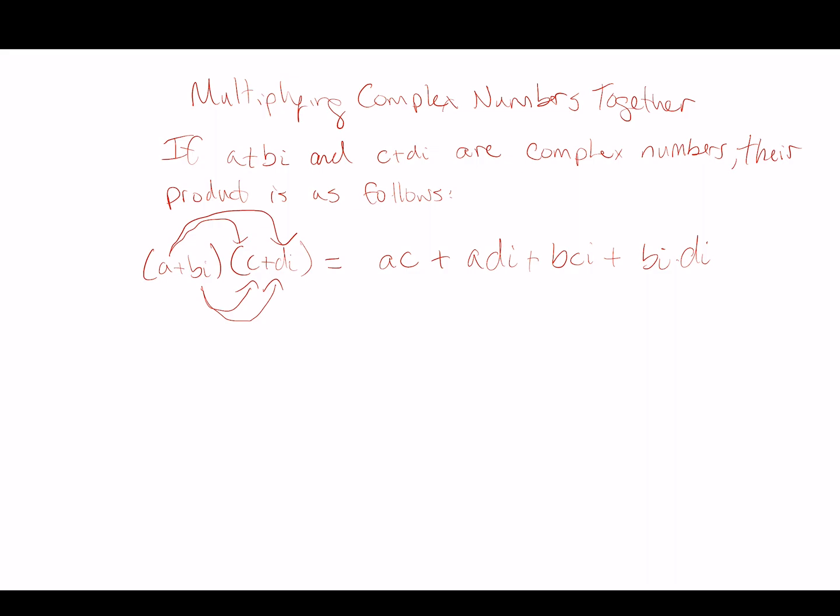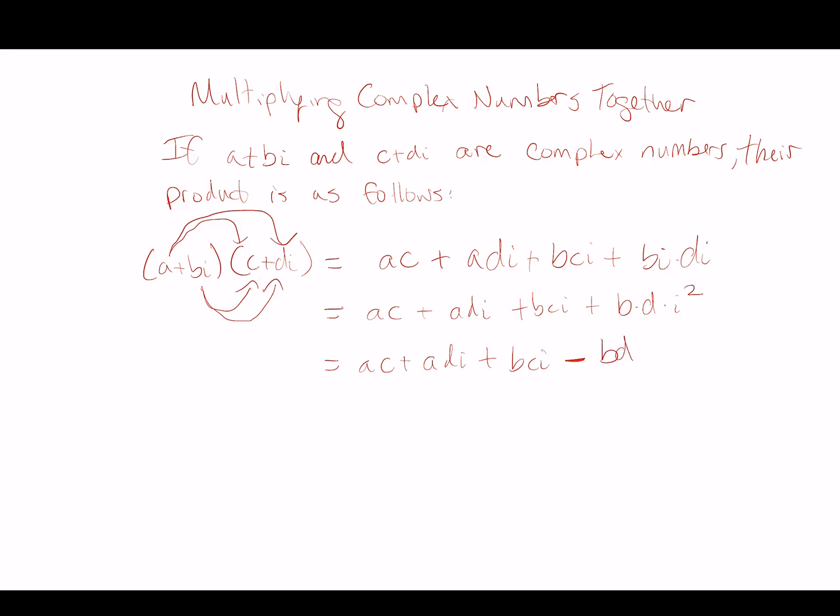Well, we know that we can rewrite this as ac plus adi plus bci plus b times d times i squared, i times i. Well, what is i squared? Well, i squared is just negative 1, so we can rewrite it as ac plus adi plus bci minus bd, because i squared is negative 1.